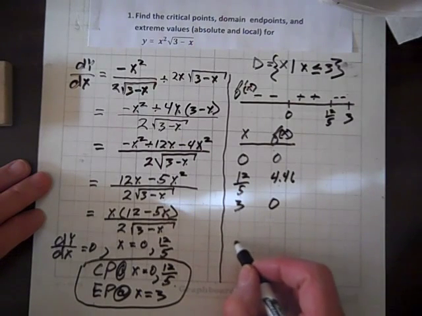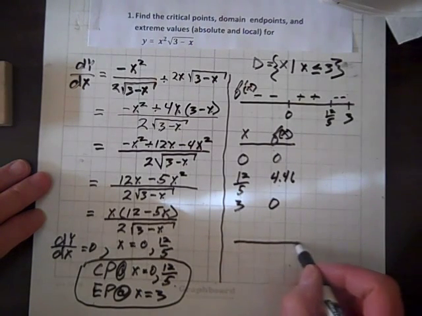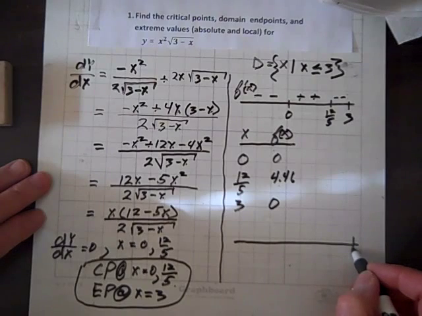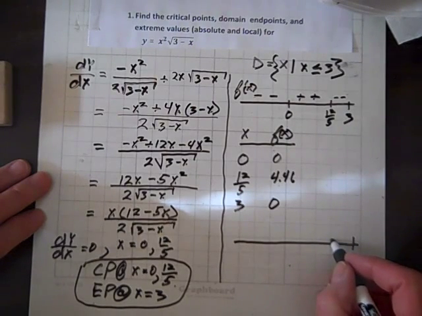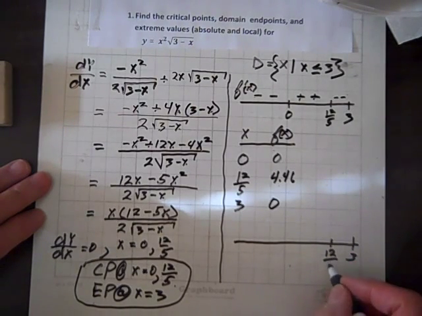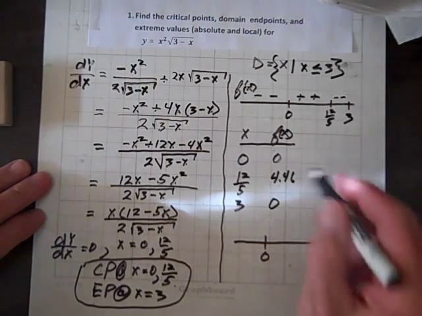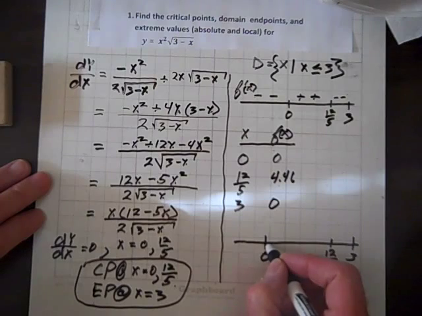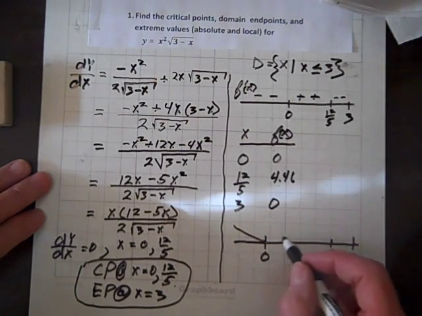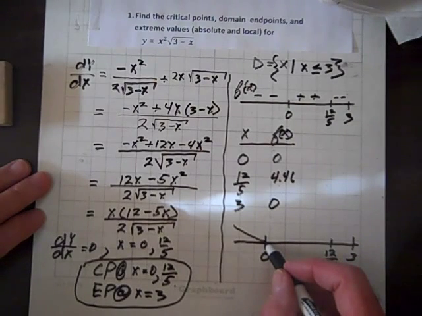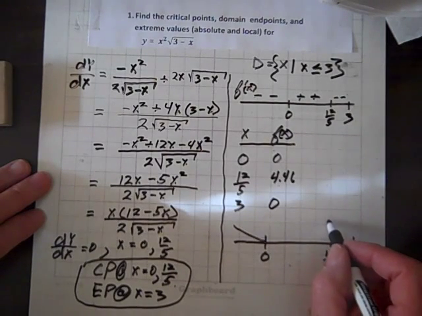So now let's graph f of x. And here's our endpoint 3. Here's 12/5. And here is 0. And we have a negative slope going into 0, so we're going downhill. We have a positive slope as x moves from 0 to 12/5.